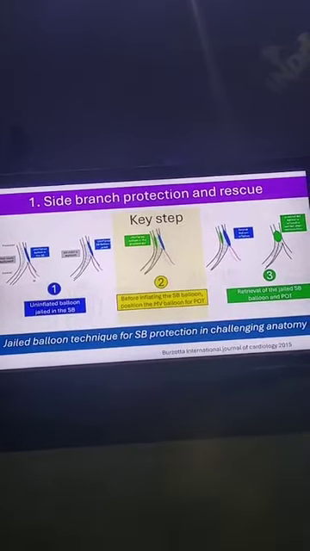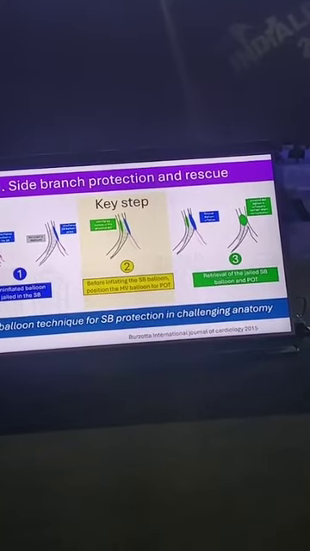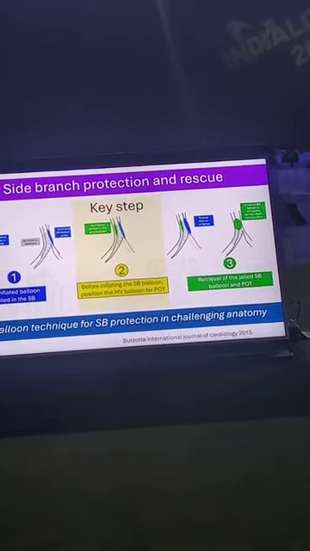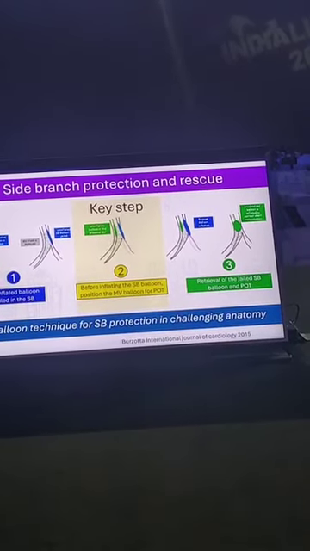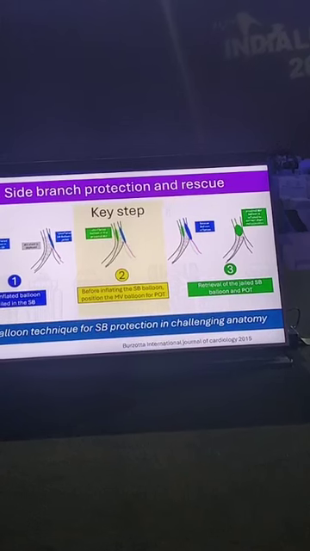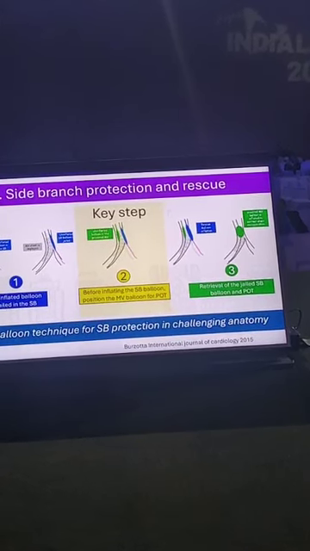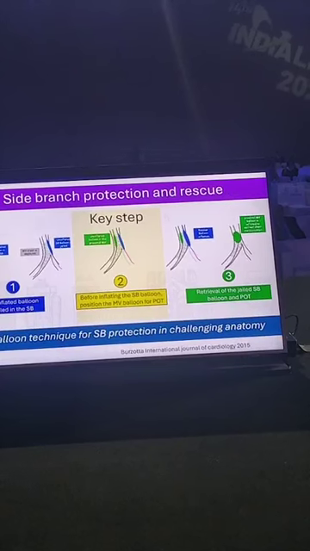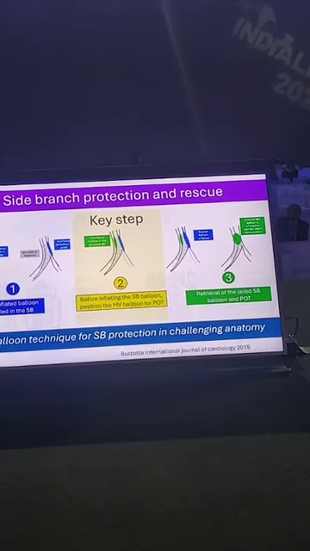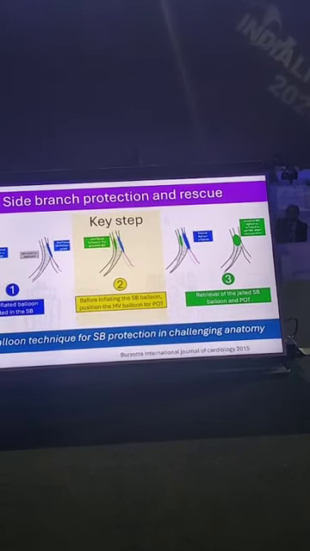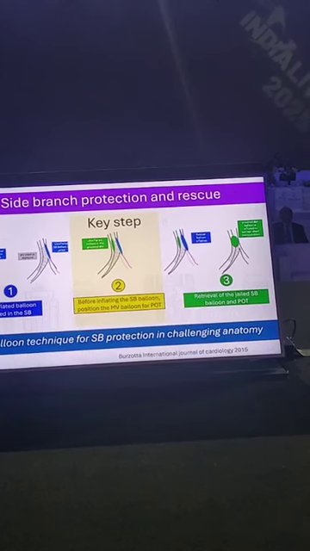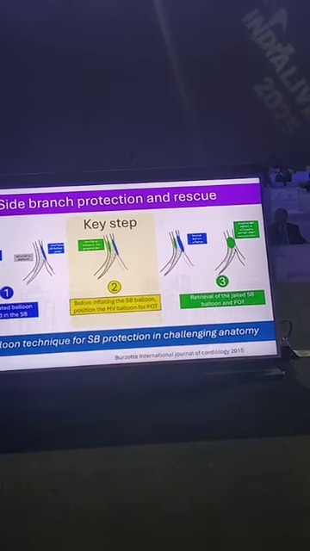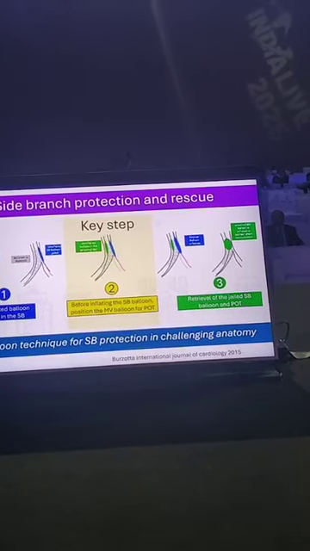Very important to remember the jailed balloon technique for side branch protection in a challenging anatomy. Here, the key step, after having placed this uninflated balloon and before inflating, is to advance the main vessel stent, the one that is going to be used for the pump.